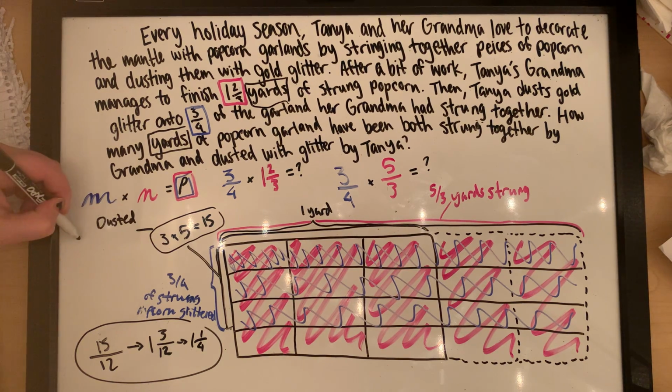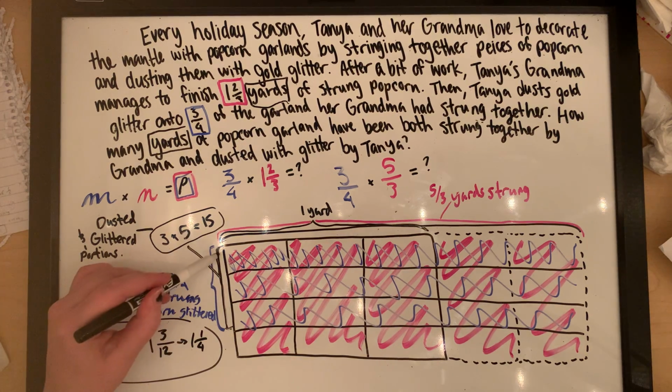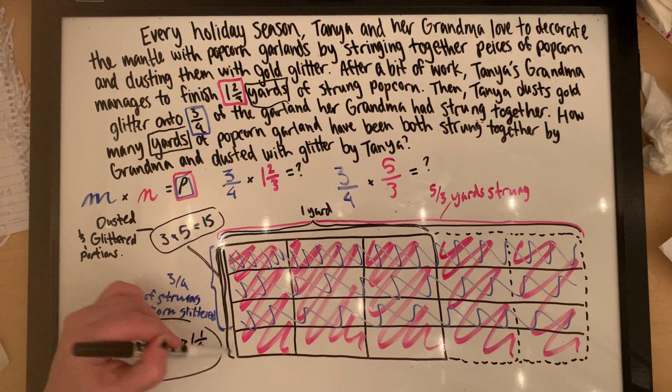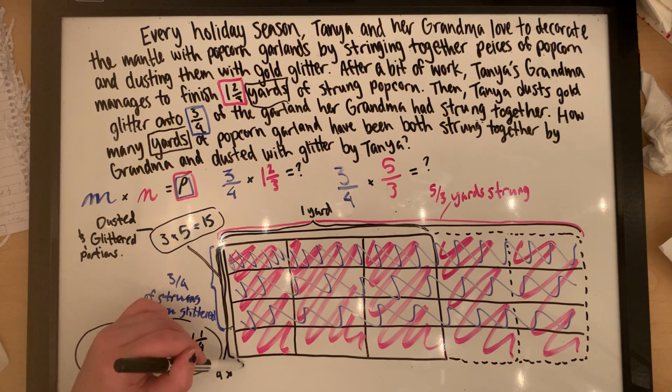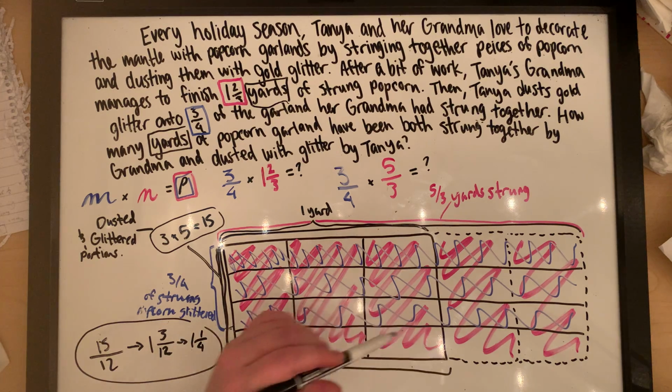dusted and glittered portions. Now we also can do 4 times 3.